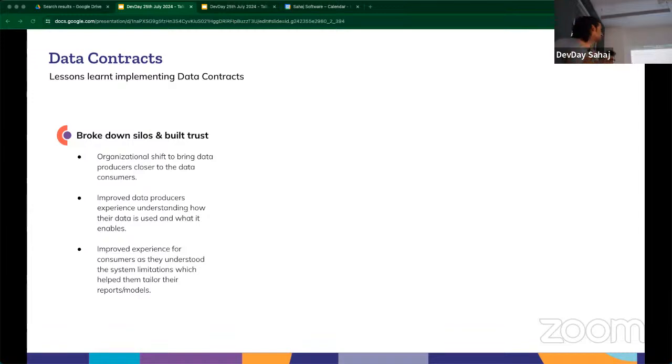And then hopefully they start speaking the same language. And then in turn, that kind of generates some trust because the consumers of your data now understand in what ways they can use this data and what are the known limitations or when is it not applicable to use a particular source. So it kind of establishes this trust between the producers and consumers.